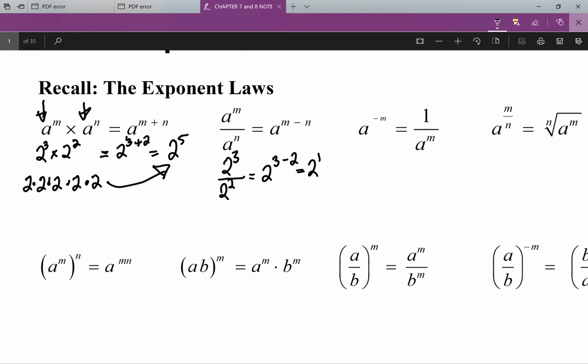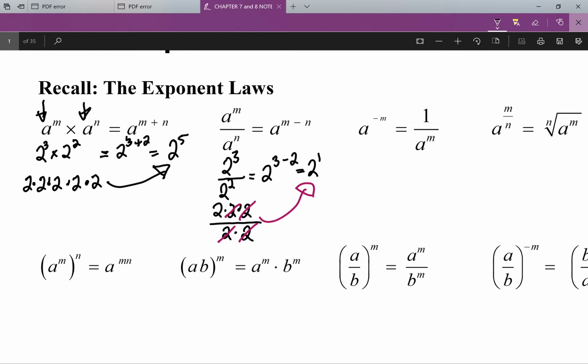Looking at that, I'd have 2 times 2 times 2 all over 2 times 2. Now, pulling out my magenta pen of cancellation, that cancels and that cancels, which would leave me with that 2 to the power 1.